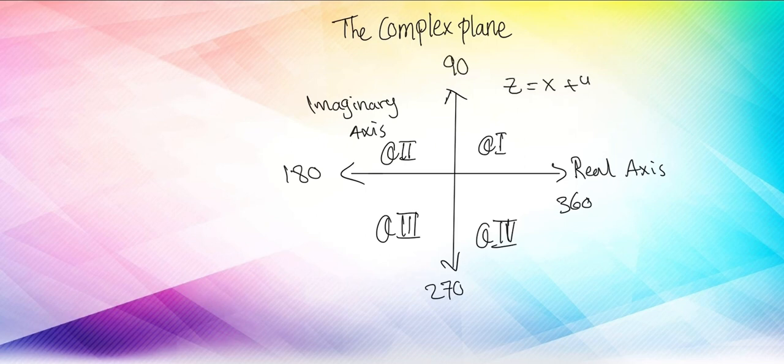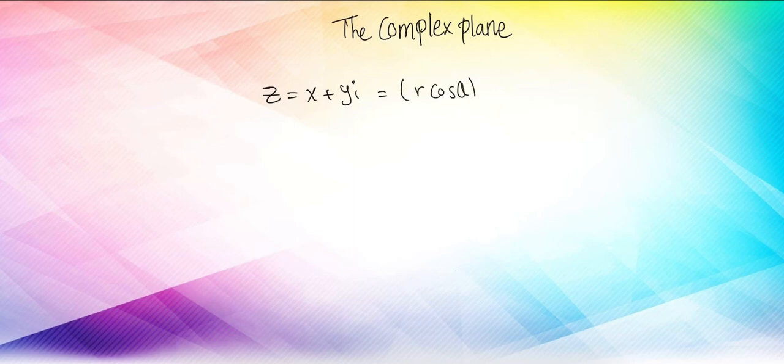For example, 2 and 5: z equals 2 plus 5i. We have to write z equals x plus yi, equals r (cos θ + i sin θ). That is the Cartesian form, and this with r cos θ plus i sin θ is the polar form.